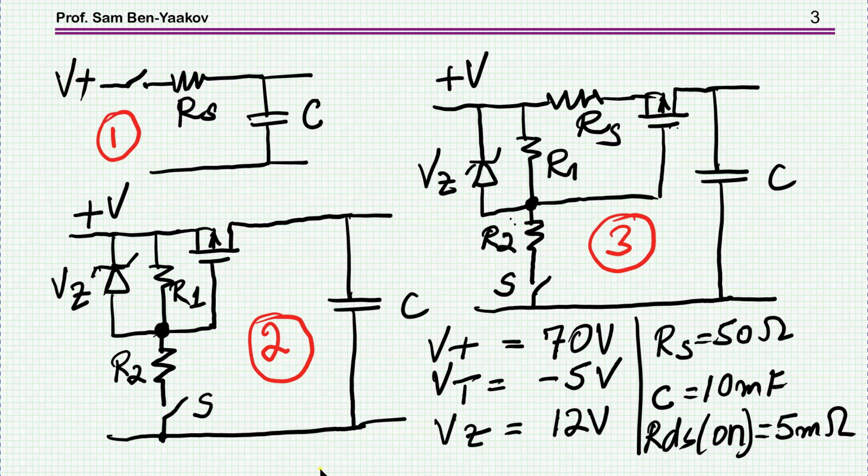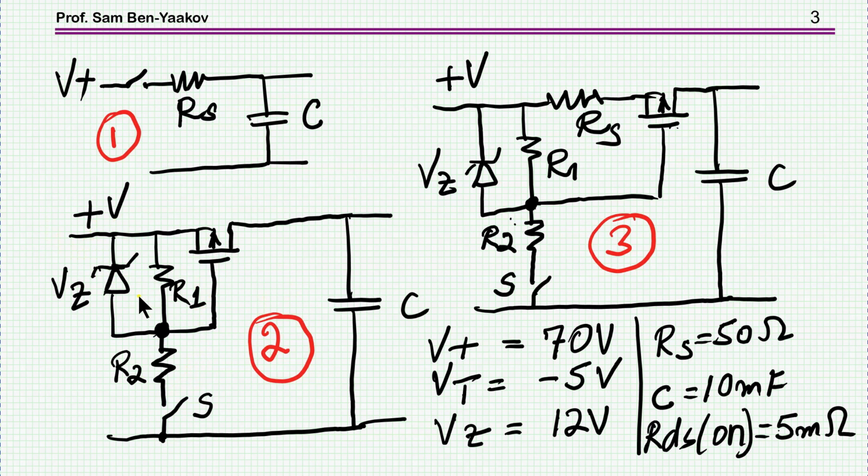The second one has a transistor, which is turned on with a switch that has a much lower current as compared to this one, and the current to the capacitor is going through a transistor which is turned on. This is a p-channel transistor.